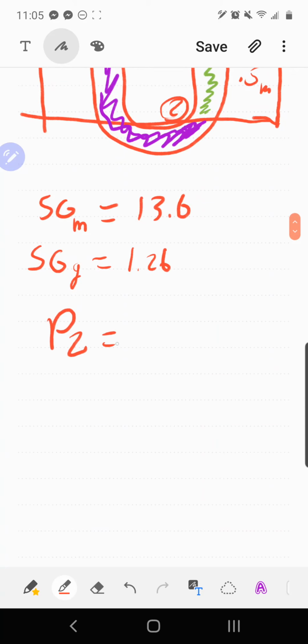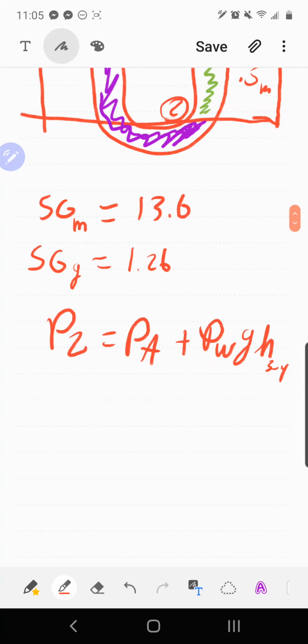P2 equals P at point A plus rho of water g times H3 minus 4, plus rho of mercury times g times H2 minus 3.